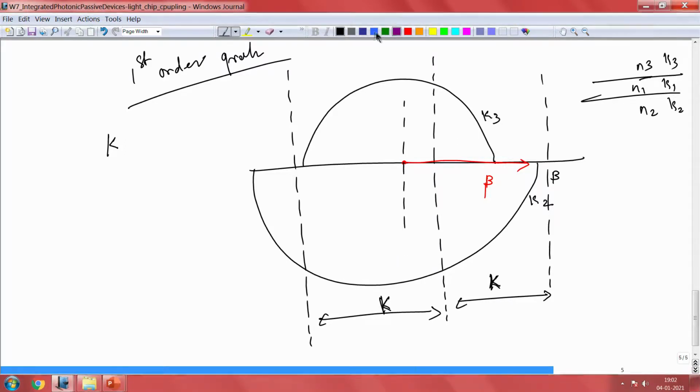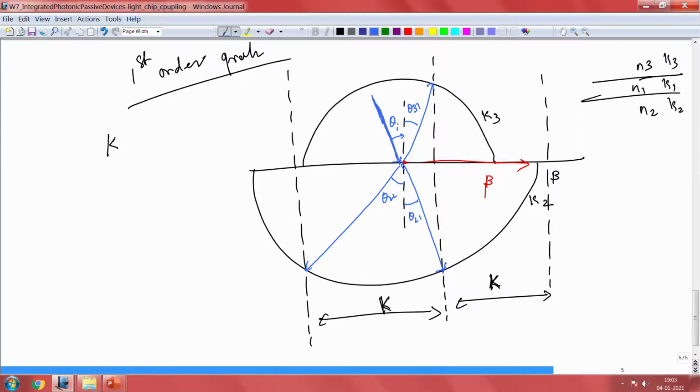The incoming light is at a certain incident angle theta i, and this will diffract out here with an angle theta 21, and there will be a backward order theta 22, and then there will be a reflection as well from here, that will be theta 31. So these are all the various components that you will have when there is incident light here.